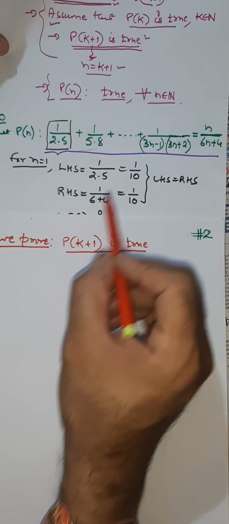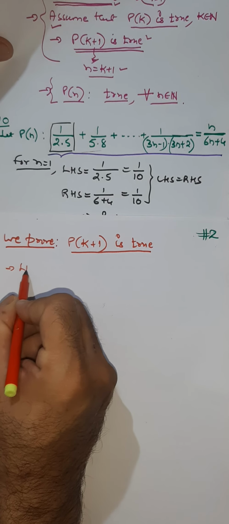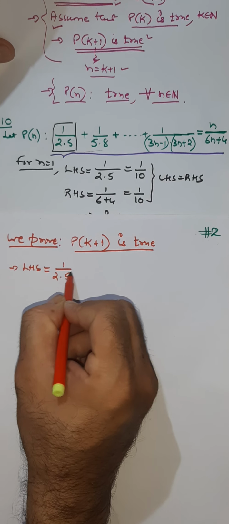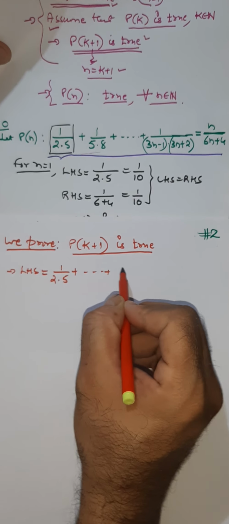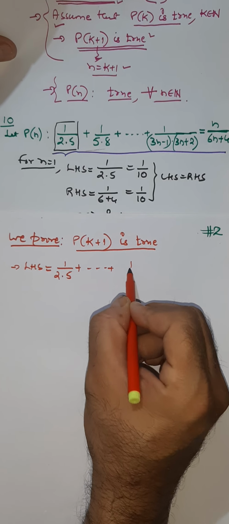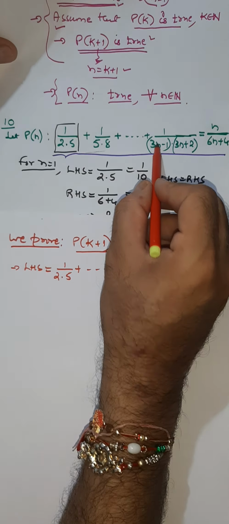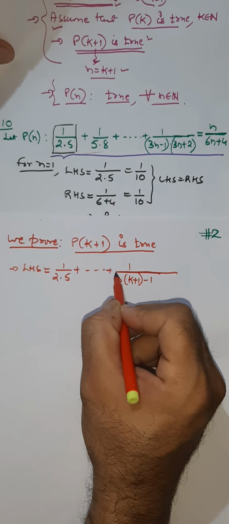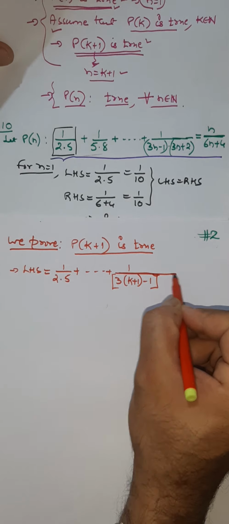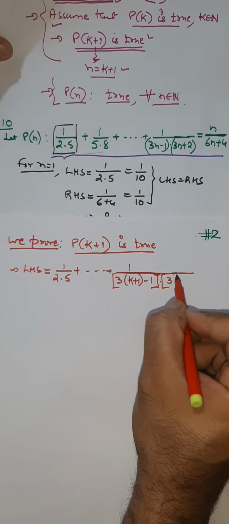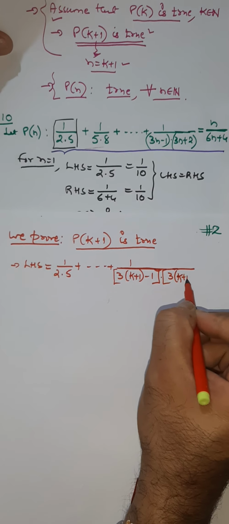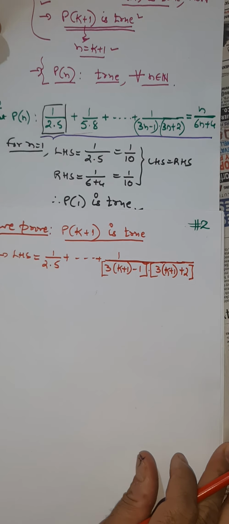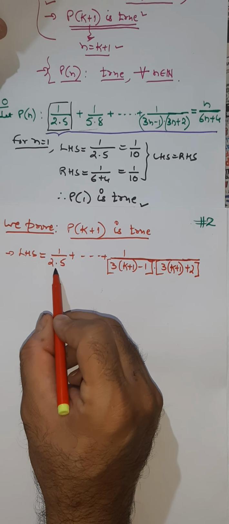So I'm starting with LHS. LHS is 1 upon 2 into 5, and so on. The last one, instead of n, I'm writing k plus 1, remember. So 3k plus 1 minus 1 into 3 into k plus 1 plus 2. This is what you have as the left hand side.